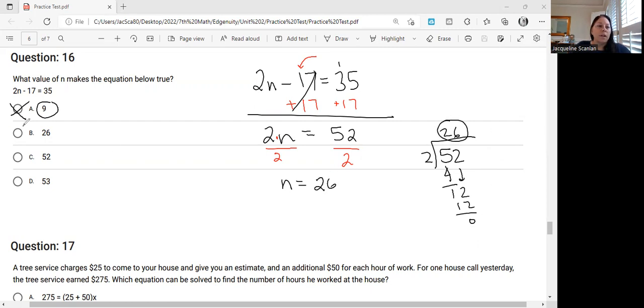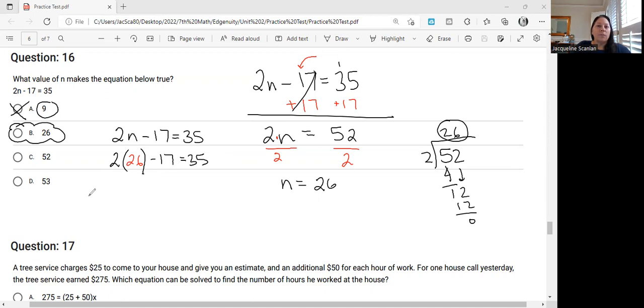I can also check that answer by substituting. So I can take my original equation of 2n minus 17 equals 35, and I can substitute that 26 in for n. Remember, that's a multiplication, 2 times n.